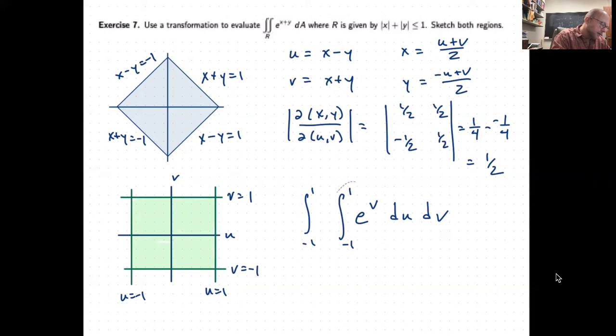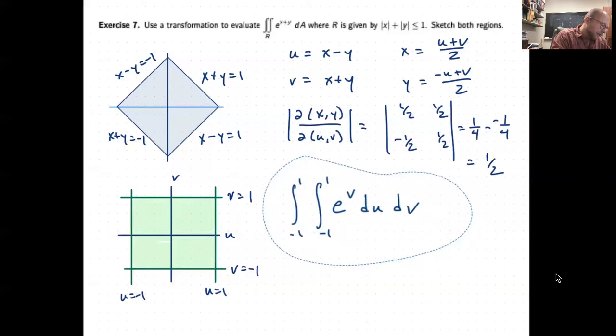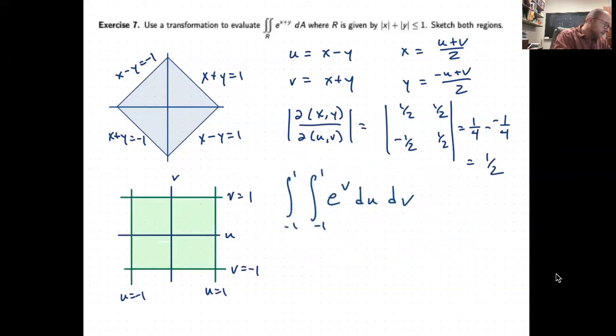Now I'm going to try to get away with doing my integration on the same page here. So I'm going to condense that a little bit and remind us that we get to do -1 to 1 du with nothing in it, -1 to 1 e to the v dv. And so the integral with the du is just going to turn into 2 because you get u, evaluate 1 and -1 and subtract.